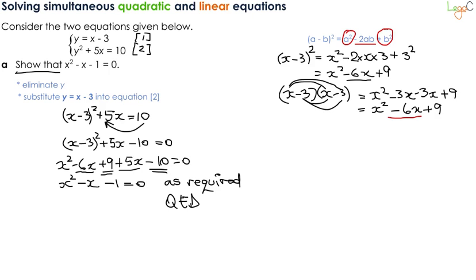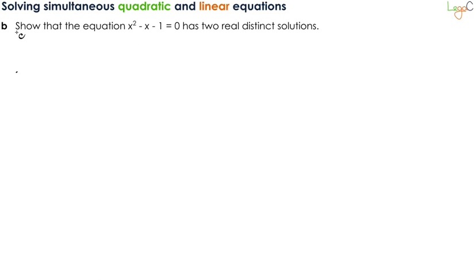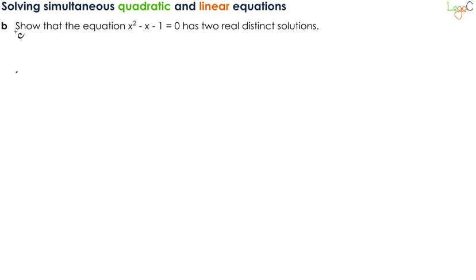Now, the second part of this question is to show that question as well, but this time what we have to show is that x squared minus x minus 1 equals 0 has two real distinct solutions. So we have to show that.